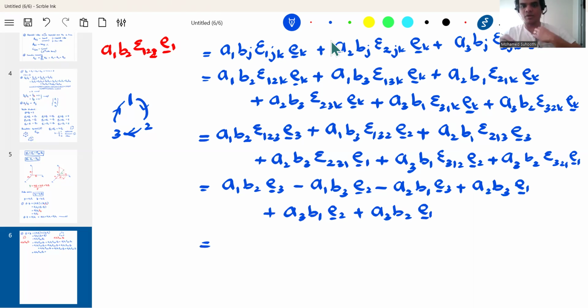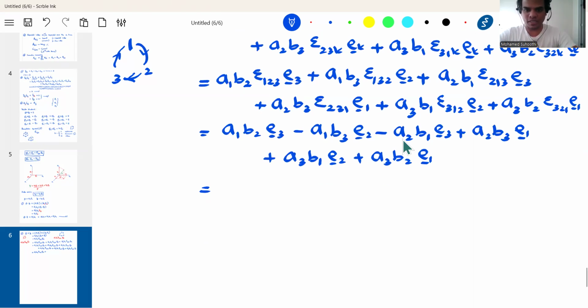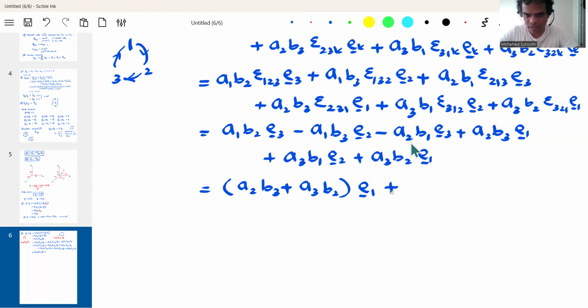So now what I'm going to do, I'm going to combine the E1, E2, E3 terms, right? So let's combine E1 terms. So I'll get A2, B3 plus A3, B2. I can take E1 out, right? Plus. Similarly, E2 terms. If I take E2 terms, this one, I'll take minus out, right?